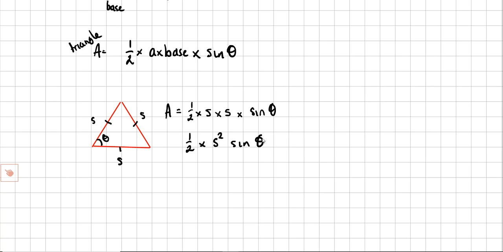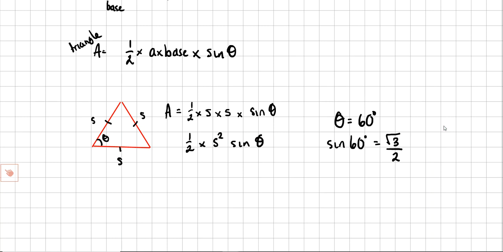However, what do we know about an equilateral triangle? Yeah, we know that theta is 60 degrees, all right? And from what else we've done, we also know that the sine of 60 degrees is equal to what? Root 3 over 2, isn't it? Do you remember why?